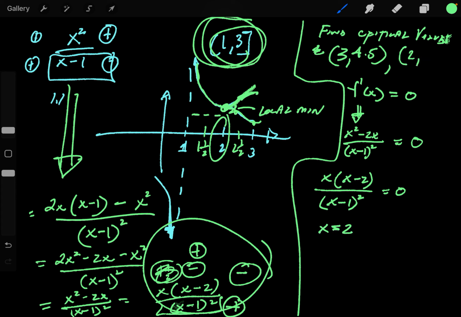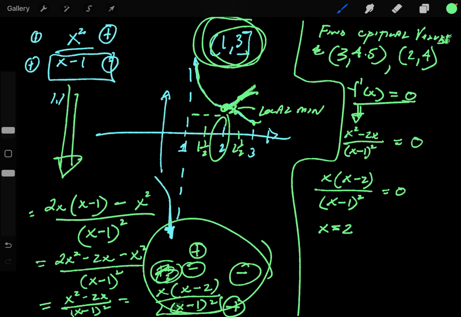So 2 comma, and I find its corresponding point. 2 squared is 4, and then 2 minus 1, so this is 2 comma 4. And this is the only value that I have in this interval where f prime of x equals 0.